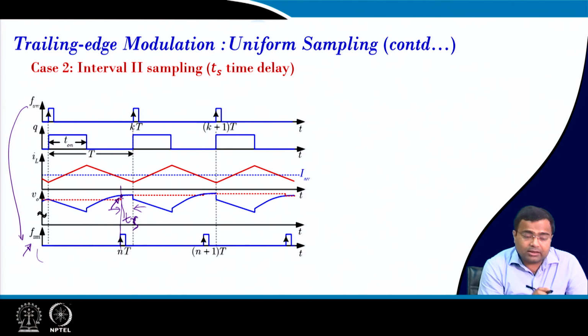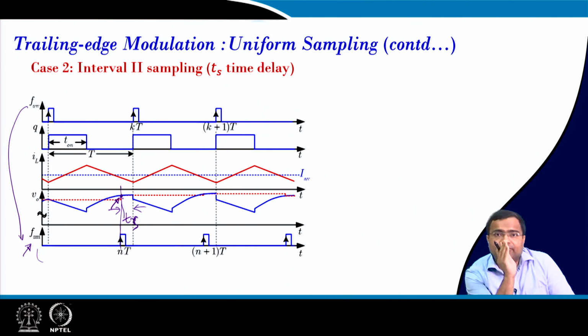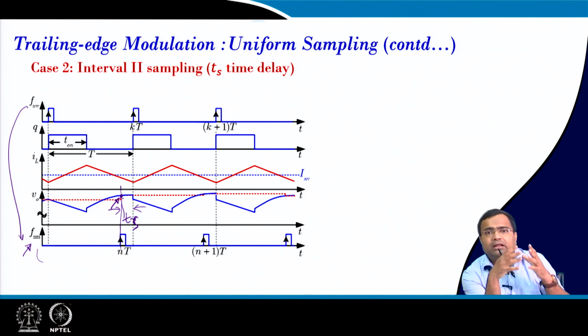But the selection of the sampling point is also very important for a boost converter in terms of its small signal performance as well as its fast scale stability. And what do we mean by fast scale stability? That we will discuss when we go to mathematical modeling, or I will show in subsequent lectures some MATLAB simulation case studies to give you an idea of what we mean by fast scale stability.